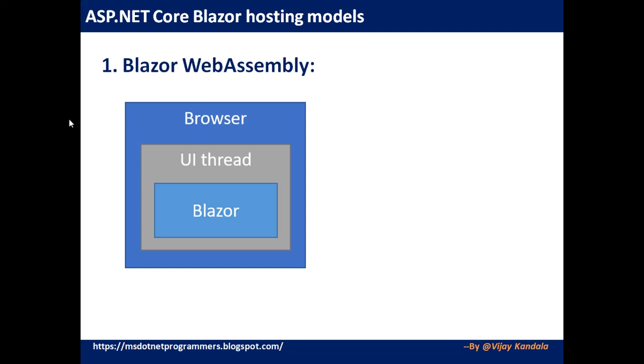A Blazor WebAssembly app can run entirely on the client without a connection to the server, or we can optionally configure it to interact with the server using Web API calls or SignalR. The Blazor WebAssembly hosting model is mainly used to execute the C# language in the client browser.